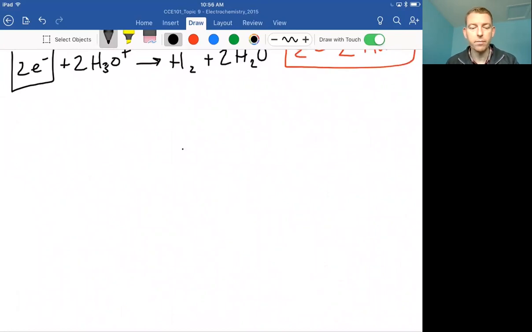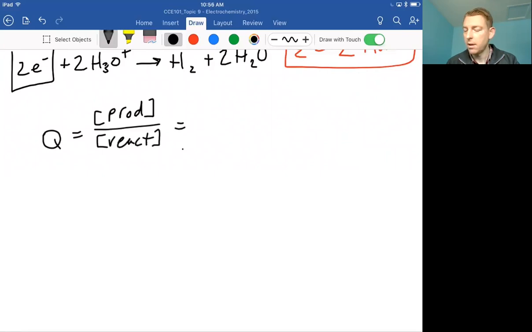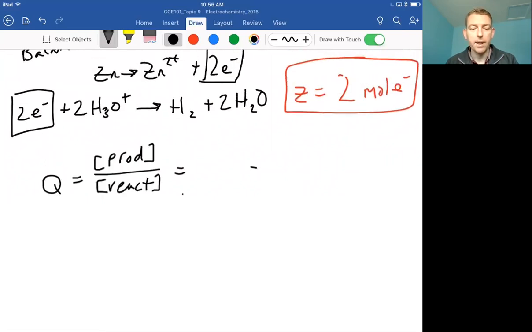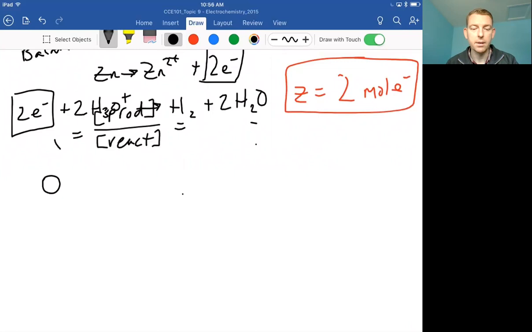So we know that Q is going to be the concentration of the products over reactants, which we can look at our balanced equation now and see. Let's just take a moment to try and clean that up.